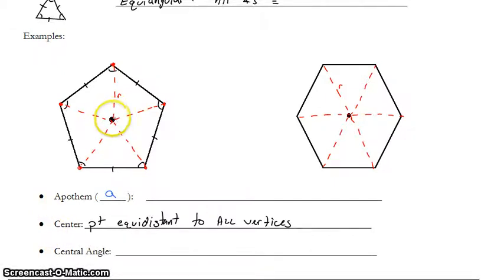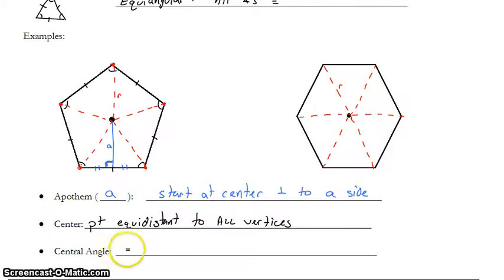The apothem will also start at the center, but it goes perpendicular to a side. It also bisects that side. Because it's a regular polygon, that segment is the apothem. It is perpendicular to your side, which is going to become really important, and it bisects that side, which is also really important.